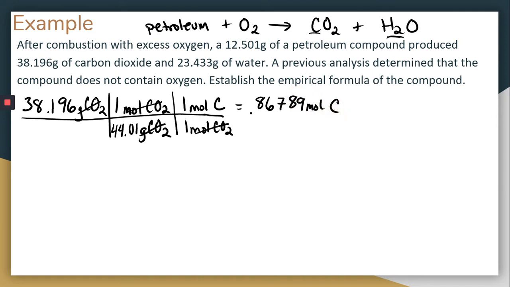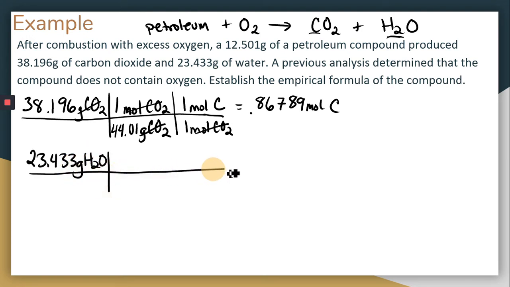So again, because the petroleum is the only place where there would be carbon, this amount of carbon then has to come from the petroleum. We're going to do the same thing with the hydrogen, because the only place the hydrogen can come from is the petroleum. So 23.433 grams of water, molar mass of water, 18.02, is 1 mole.